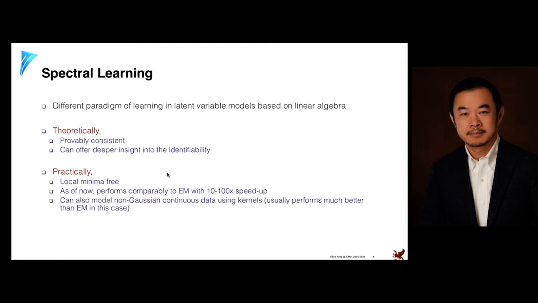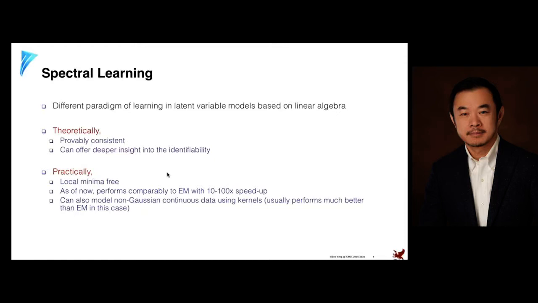It is provably consistent. It also offers good insight into identifiability. So these are nice things about the spectral learning algorithm. And practically, it is also free of local minima because there aren't latent variables involved. And it is therefore very, very fast because it's not a very expensive iterative algorithm.